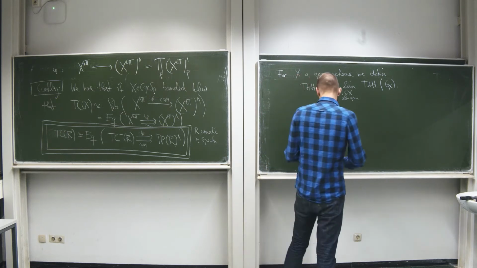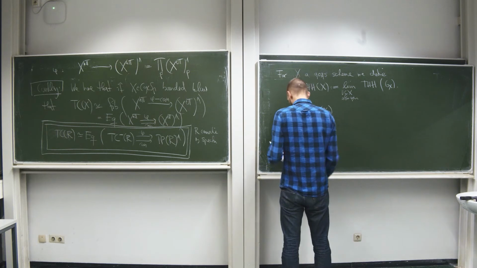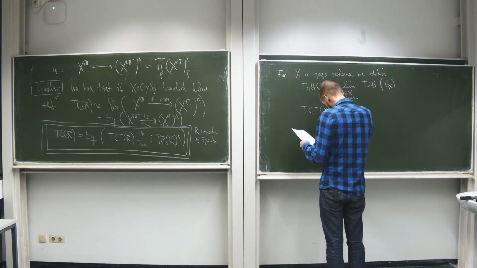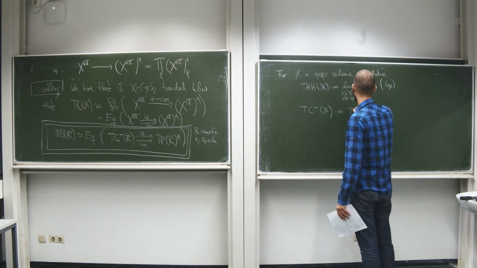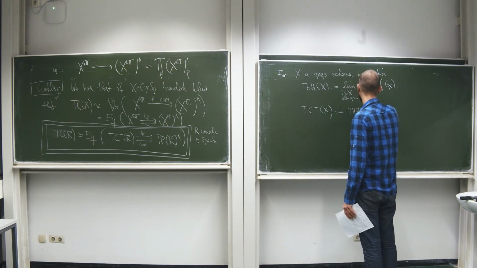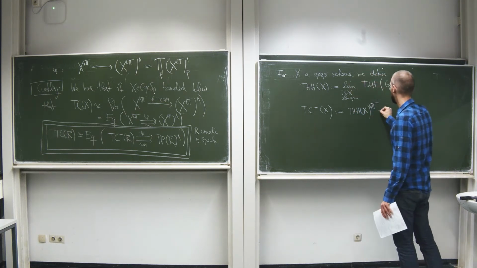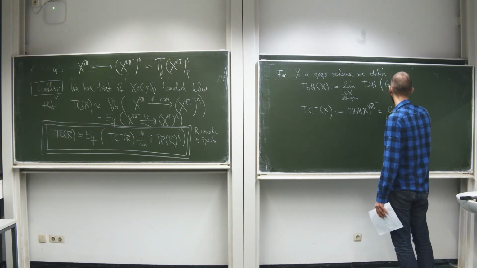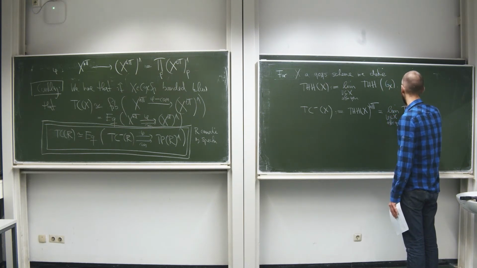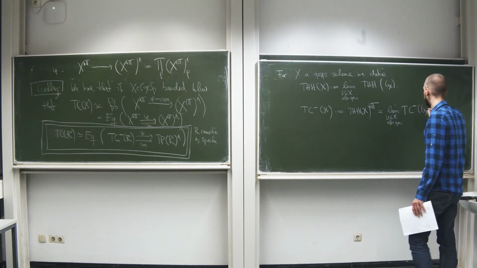So then we get that TC^-(X) is just defined to be, well, you just take THH(X) and you do homotopy fixed points. But because this is a limit, it commutes with taking homotopy fixed points, so it is the limit over affine open U of TC^-(O_X).